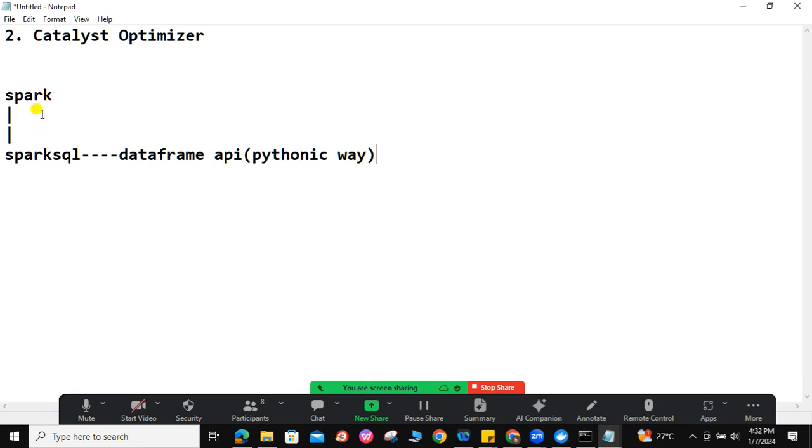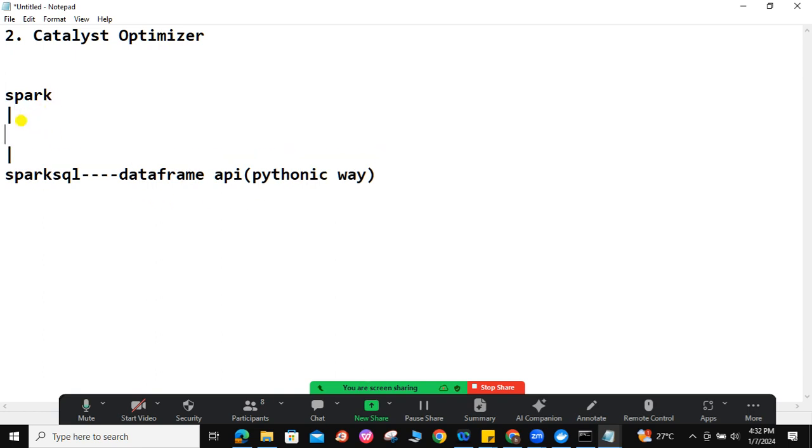So behind the scene there will be something called catalyst optimizer. So what does this catalyst optimizer do is, in Spark SQL you wrote select star from EMP.